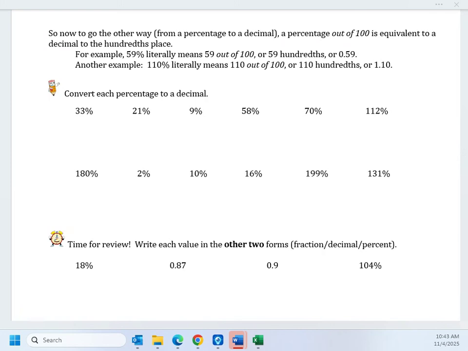Another example, 110% literally means 110 out of 100, or 110 hundredths, or 1.10. So remember, if you have a number in the hundredths place or a hundred percent or higher, you're going to have numbers in that ones place. So we need to convert each percentage to a decimal.